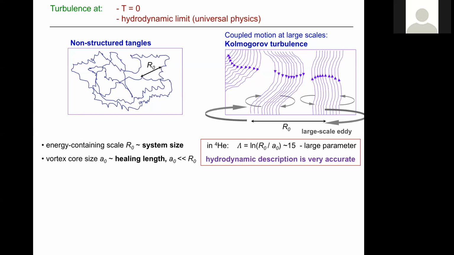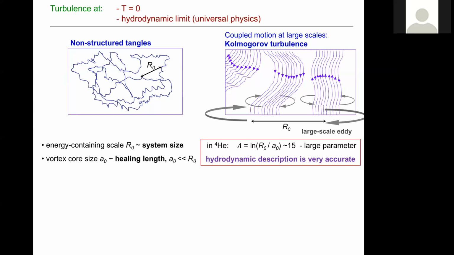The log of the ratio is typically 10 to 15 in helium experiments. So it tells you that hydrodynamics is a very good description of the problem. So you can neglect all the microscopic physics when you study how the energy is dissipated in the system.